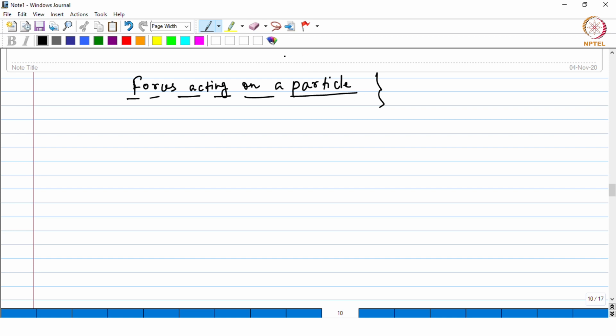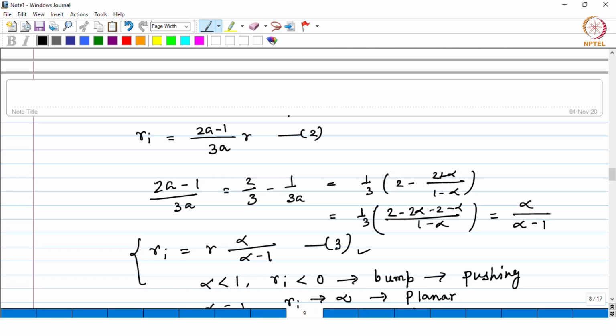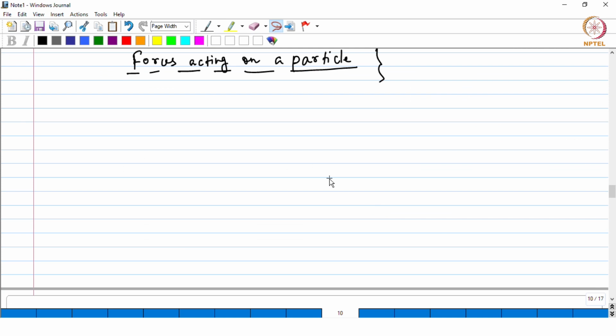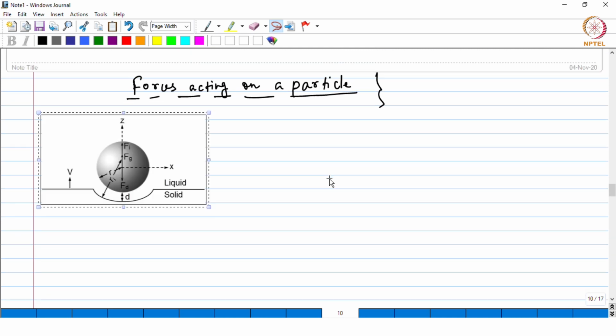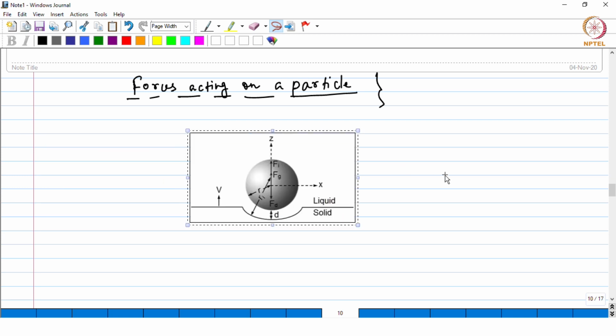Okay. So engulfing or pushing will also depend on the forces acting on the particles. So we can go back to this diagram again and look at the forces acting on the particle. So basically there are three types of forces acting on a particle, which is having a relative motion with respect to the melt. And these forces are as follows.